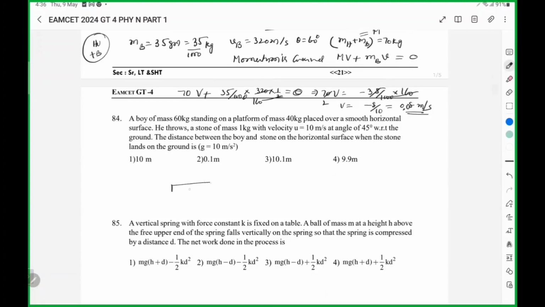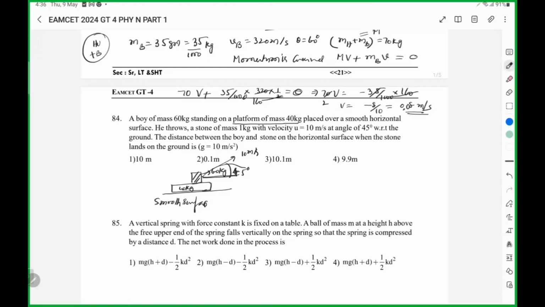A body of mass 60 kg is standing on a platform of mass 40 kg, placed on a smooth surface. He throws a stone of mass 1 kg with a velocity of 10 meters per second at an angle of 45 degrees with respect to the ground.